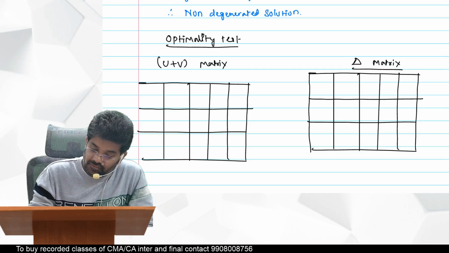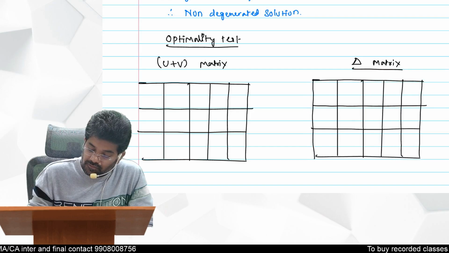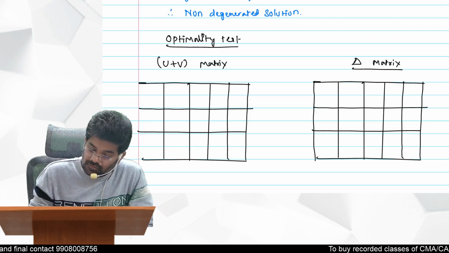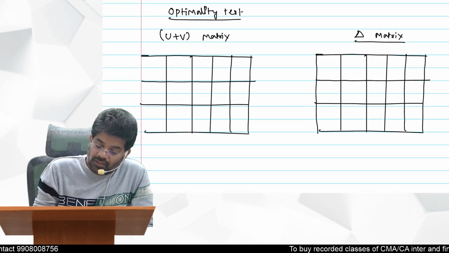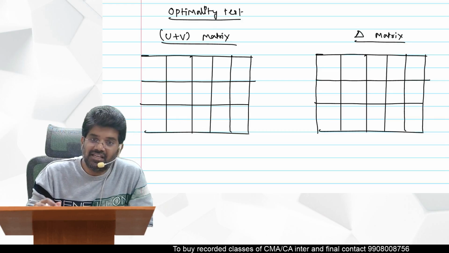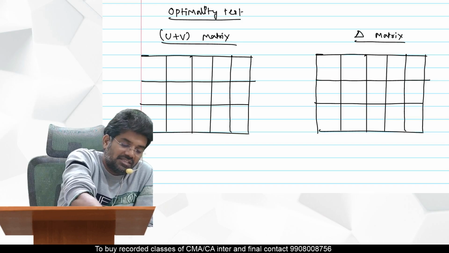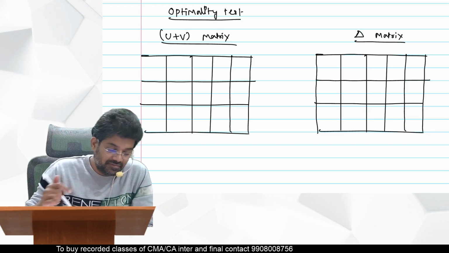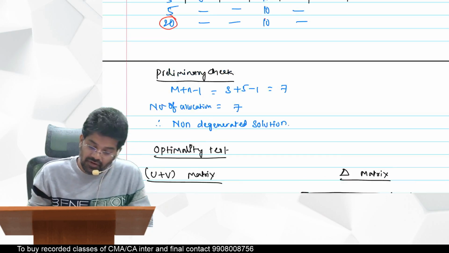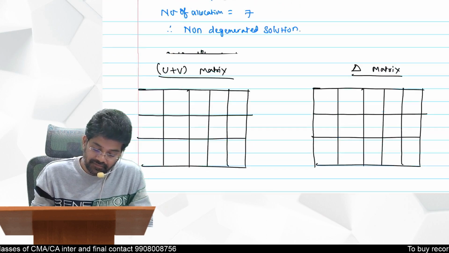Now first take allocated cells. What is the cost? Allocations we have done, no? In those cells the cost you should take first. Where we have done allocation here, first one, what is the cost of that? 55.